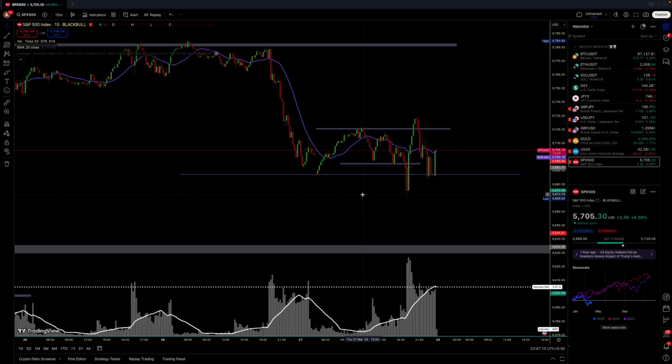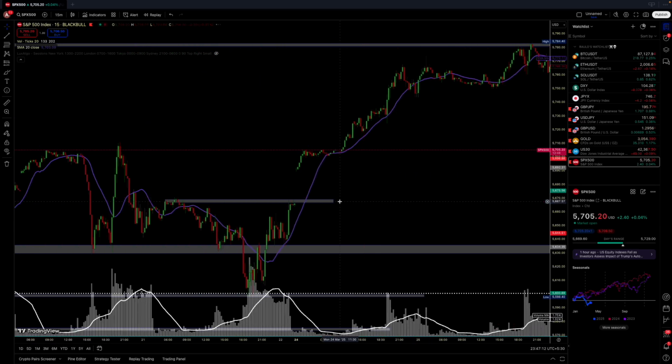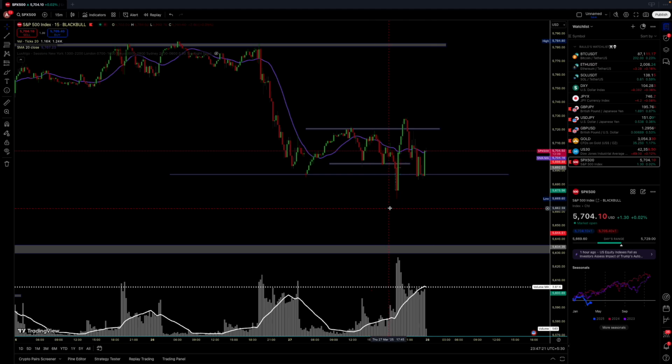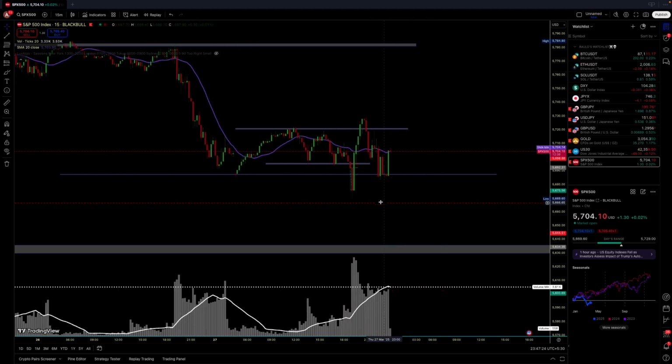And it did happen to some extent. As you can see, the market almost covered this full gap over here, but we got a sexy rejection from here, and we just continued pushing up.